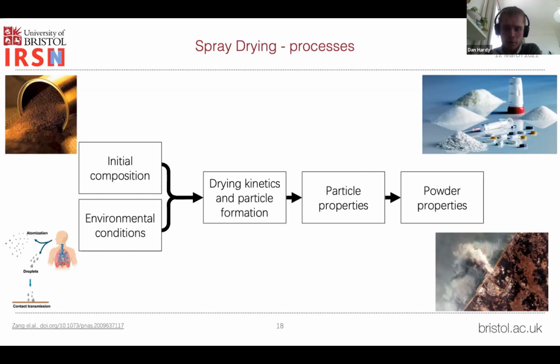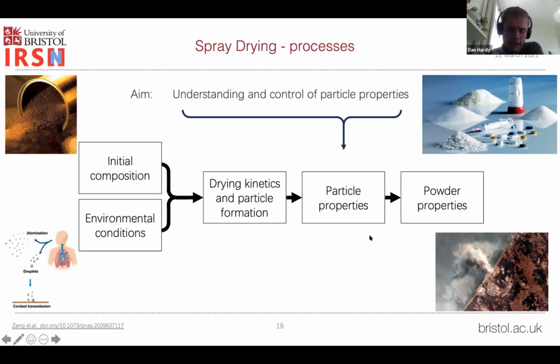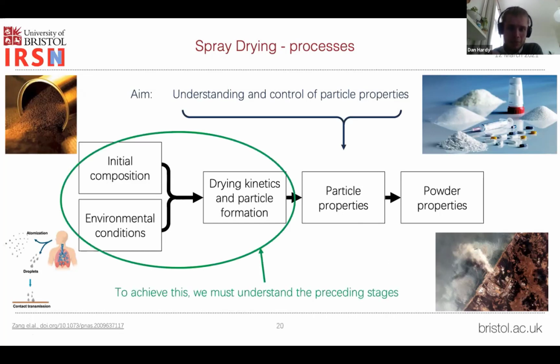That's typically what we want to control in industry. We want to know what we're going to get. But to understand those, really, we've got to do the legwork here, and this is where my project comes in. So we take a bottom-up approach, really, looking at how particles behave and understanding science in a general sense, and then we can take that onto more complex systems.